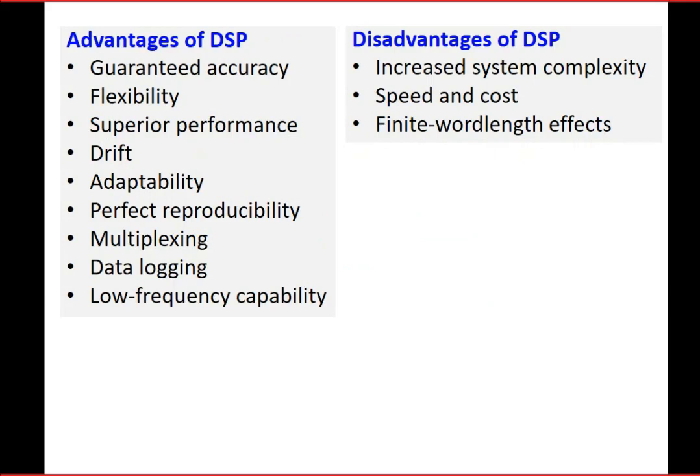Now, advantages of DSP, I have already discussed: guaranteed accuracy, flexibility, superior performance, there would be no drift, adaptability, perfect reproducibility, multiplexing. What do you mean by this? Multiplexing means processing multiple data at a time.